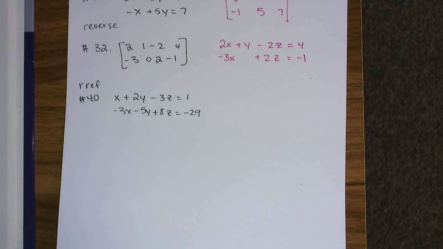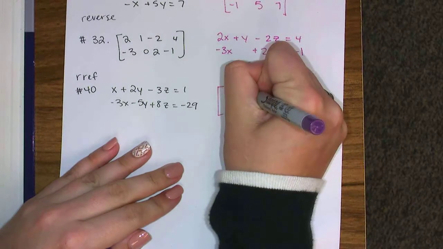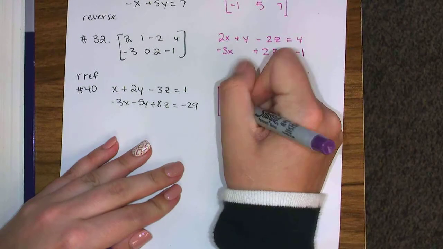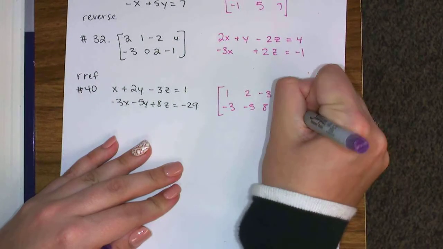Alright, so I'm going to set this up. 1, 2, negative 3, 1, negative 3, negative 5, 8, negative 29.